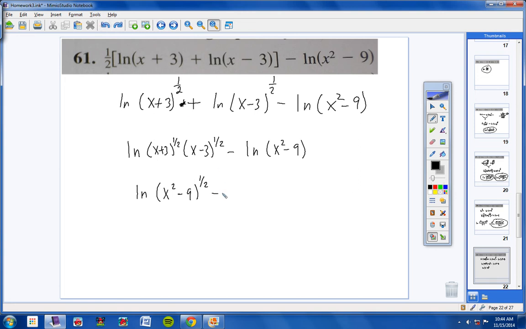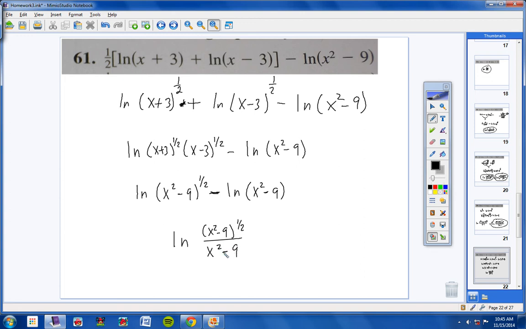Minus natural log of x squared minus 9. Okay? There we go. Now, they're being subtracted. So natural log of x squared minus 9 to the 1/2 power over x squared minus 9.